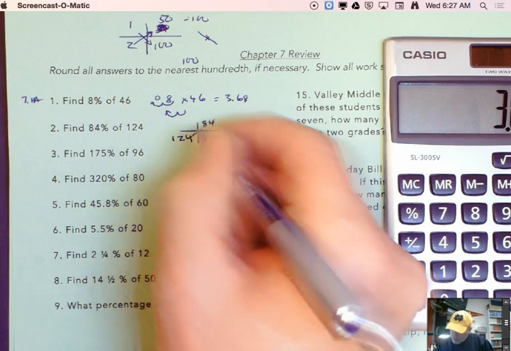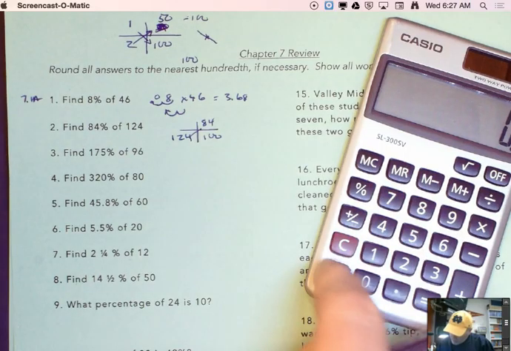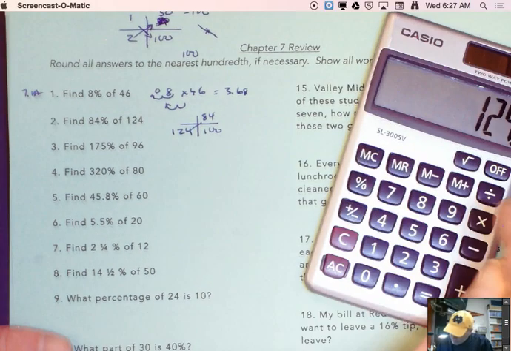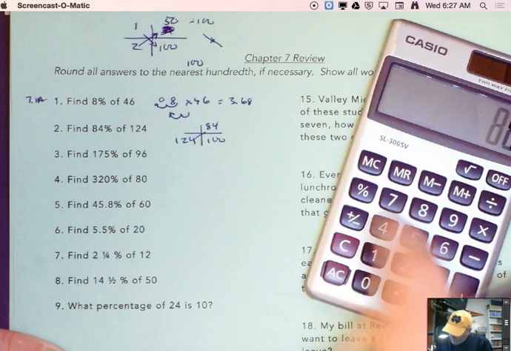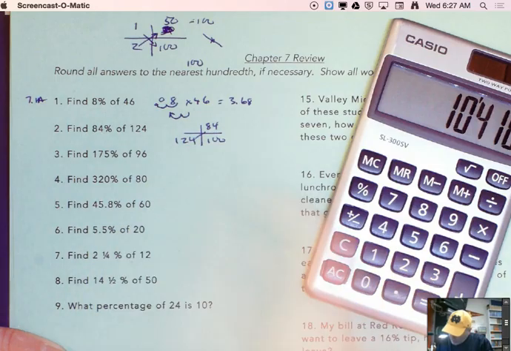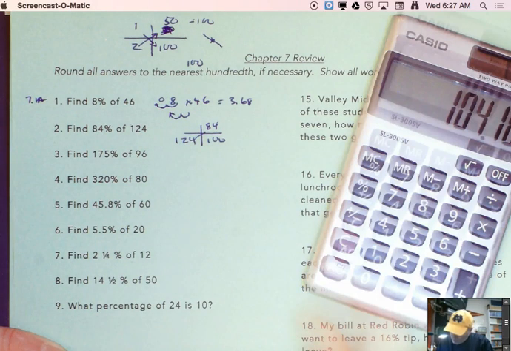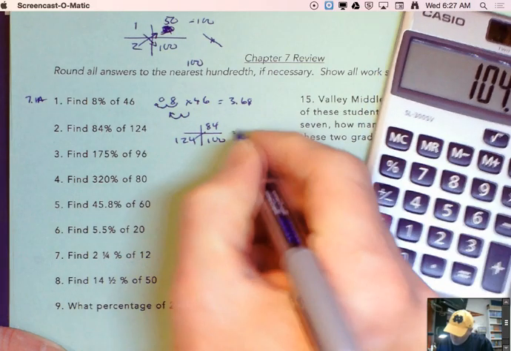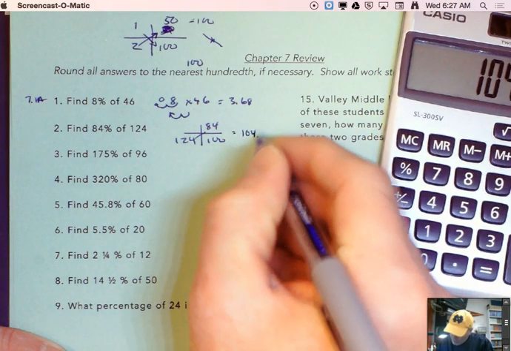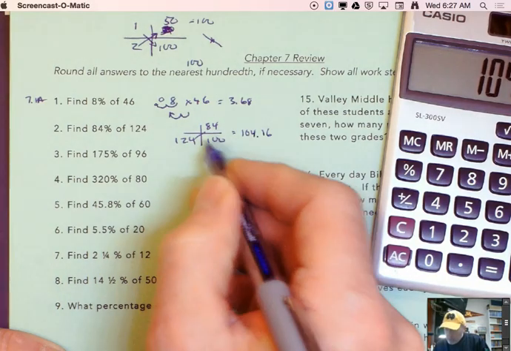You can multiply that out. 124 times 84 equals, now we're going to divide by 100, and that equals 104.16. Okay? So you don't have to move the decimal if you use the box.